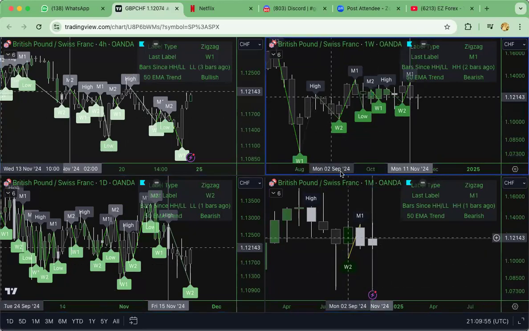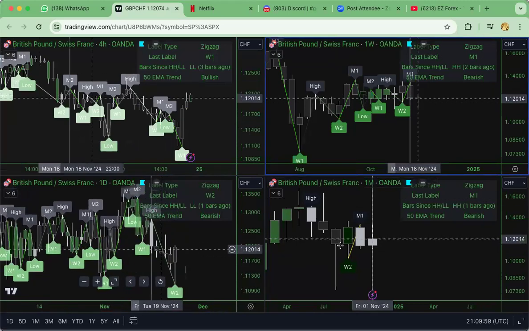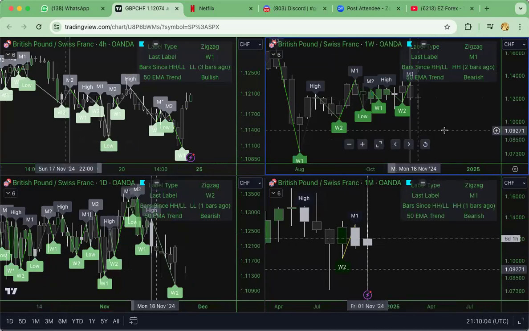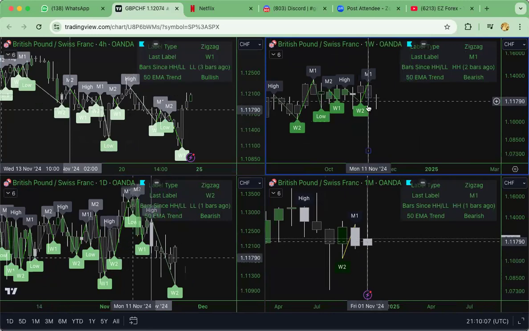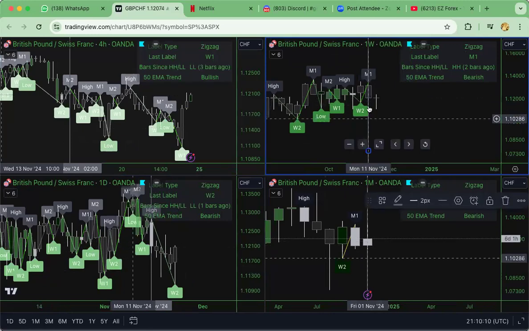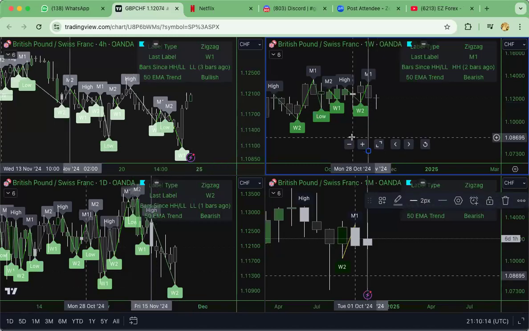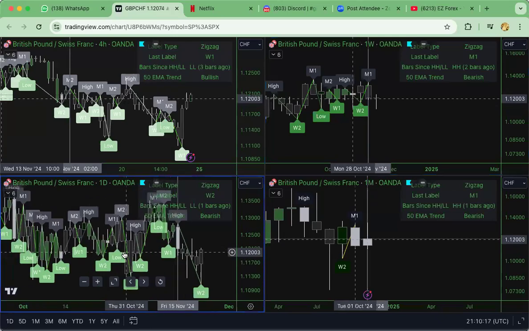So right now this is matching, so I'll look at this. Now I would look for what next. Let's mark this out. We've got Friday the 1st of November here. We've got an M1 that closed right here in the weekly chart the week before on Monday the 11th. Whether I put it here or here, it doesn't really matter, but let's just put it there. Monday the 11th.